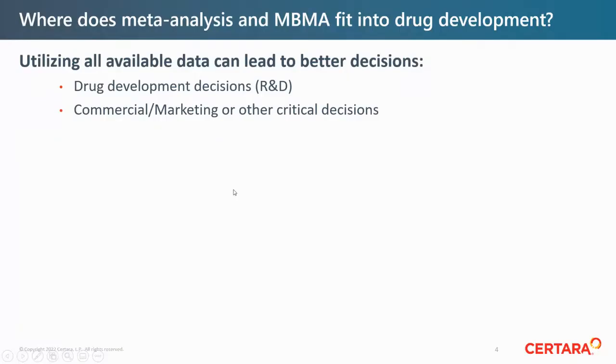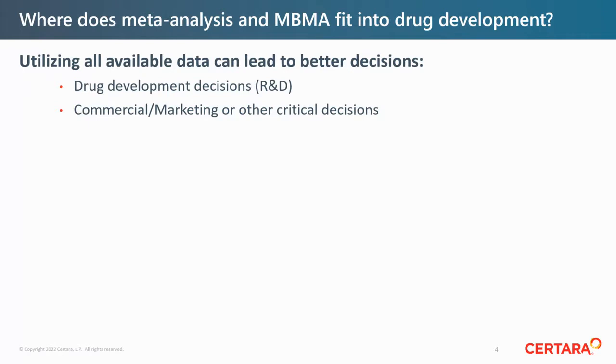So first, I want to talk about where meta-analysis and MBMA fit into drug development. So I think we can all agree utilizing all potentially relevant available data when pursuing drug development can lead to better decisions.